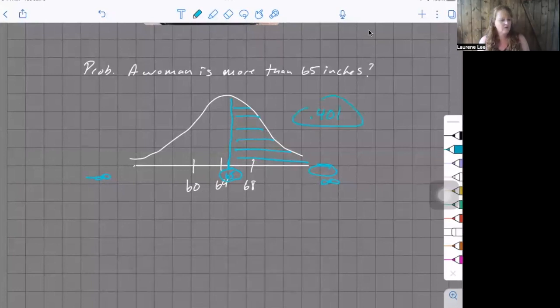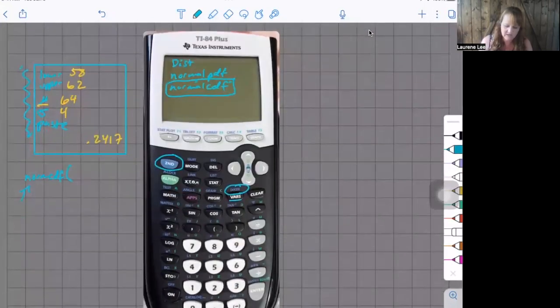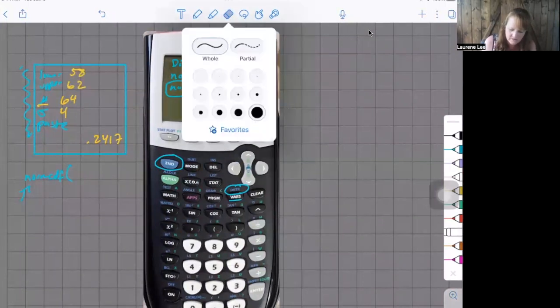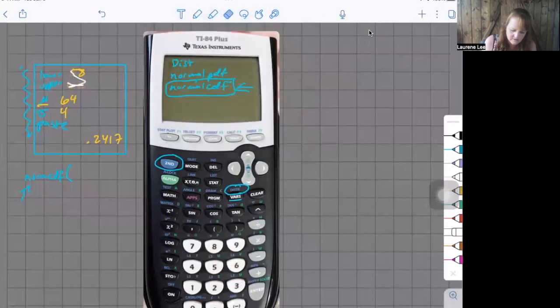Okay. Now on a TI calculator, we don't have an infinity symbol. So you're going to do the same thing. You do your norm CDF, okay? And your lower is going to be your 65. But for the upper, we just have to put a really large number in there.